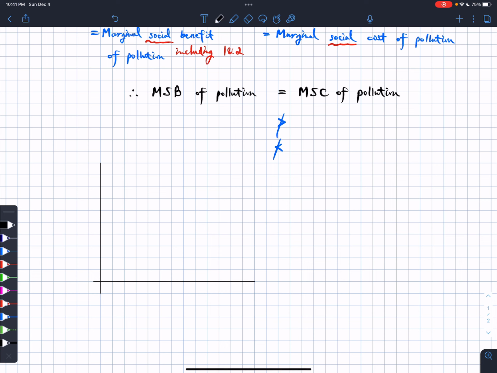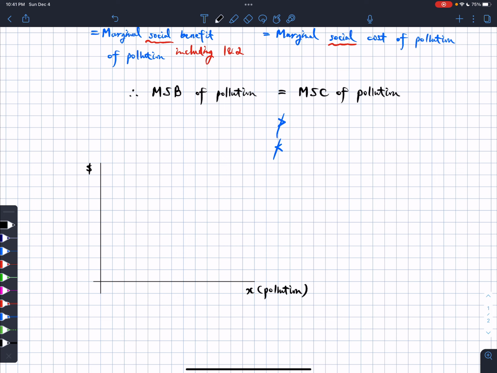On the horizontal axis, I'm going to measure the amount of X, the pollution. On the vertical axis, I'm going to measure the dollar amounts, the marginal benefits and costs of pollution.